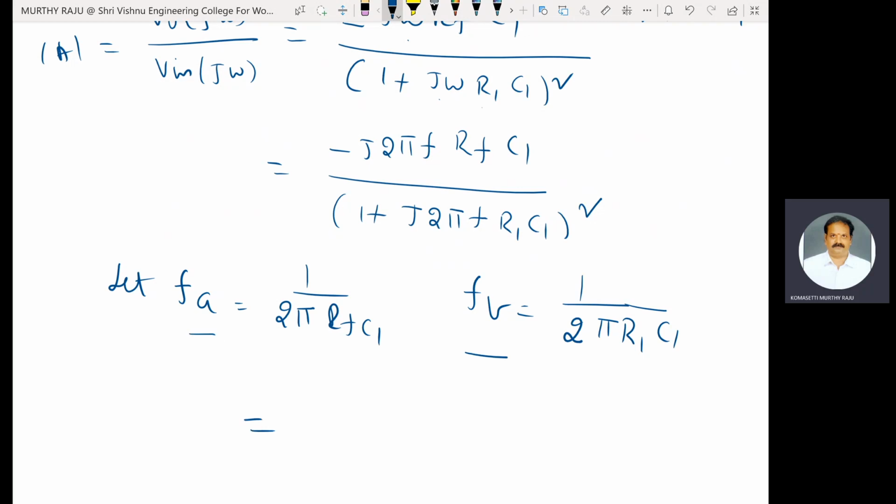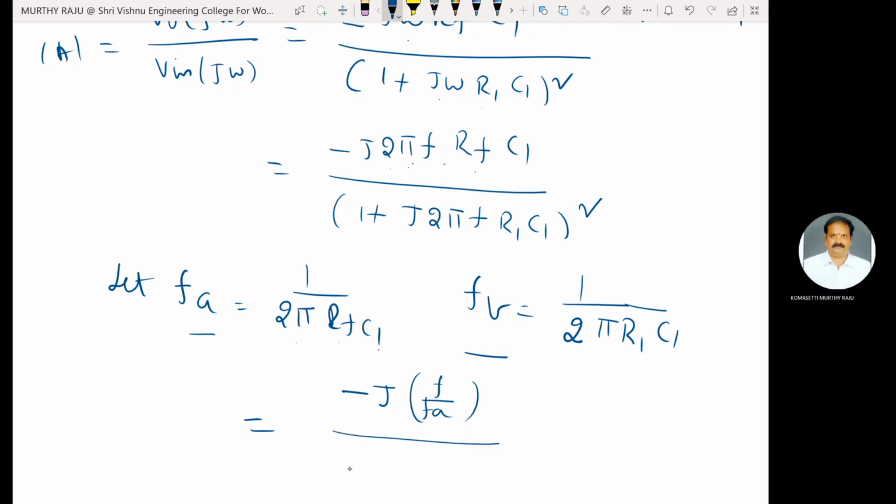Substitute in that expression: minus J 2 pi F RF C1, and 2 pi RF C1 is 1 by FA, so minus J F by FA by 1 plus J F by FB whole square.